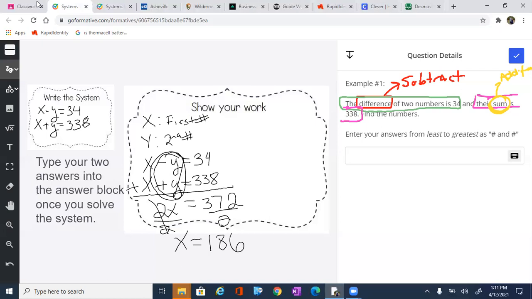Now remember, once we have that value, we plug it right back into one of the equations.